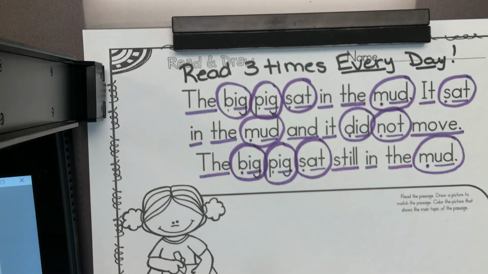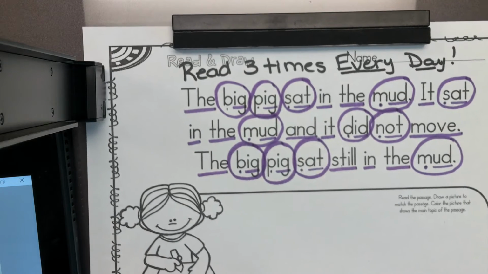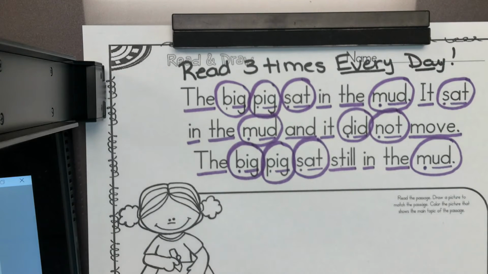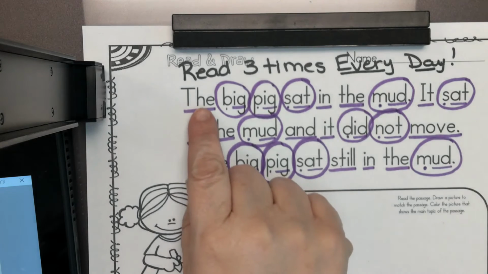So again, the sight words are words that we typically don't take time to sound out, and we read on sight. This helps us become more fluent readers when we know these sight words.